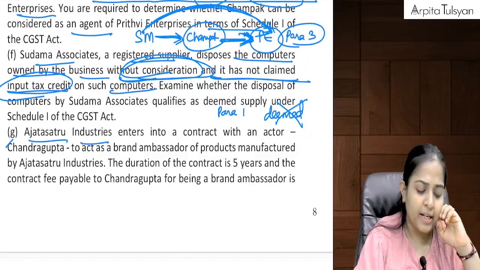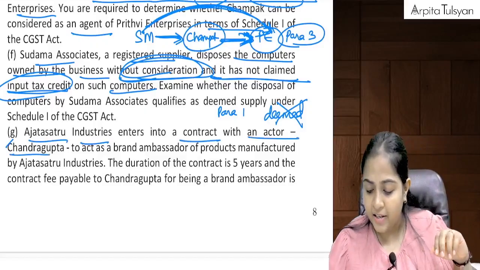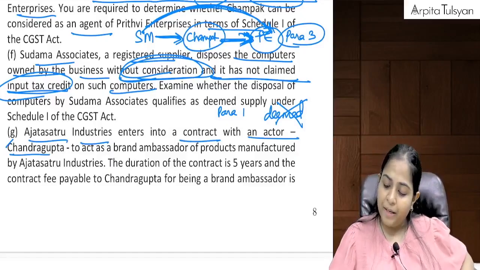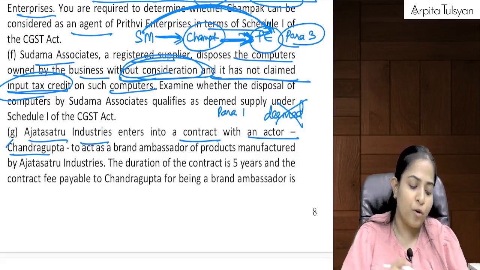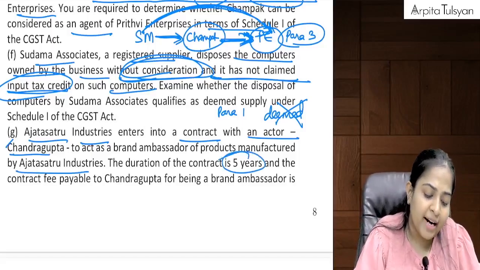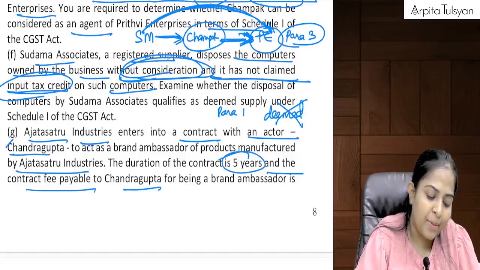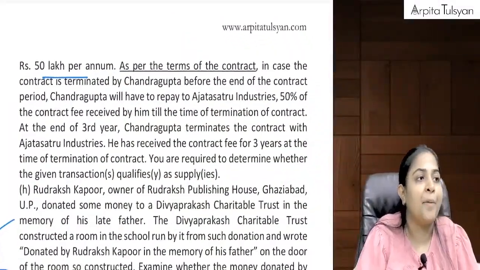Ajat Satru Industries enters into a contract with an actor, Chandragupt, to act as a brand ambassador of products manufactured by Ajat Satru Industries. The duration of the contract is 5 years and the contract fee payable is rupees 50 lakh per annum.